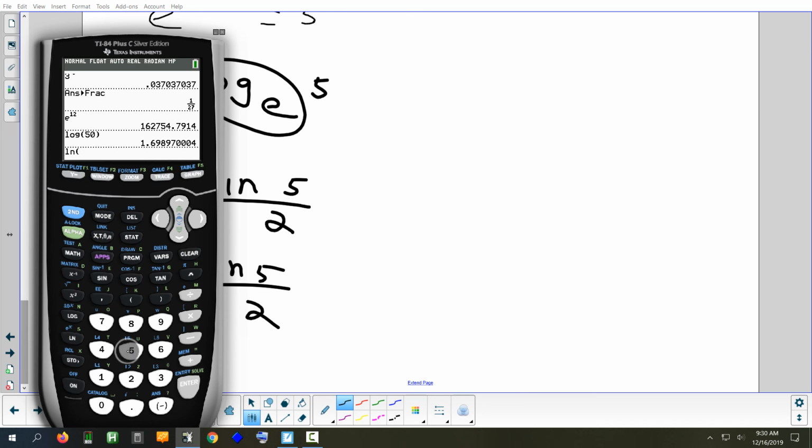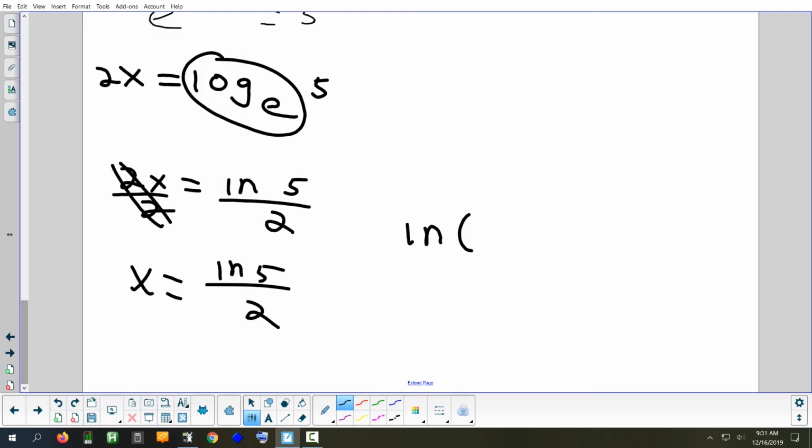So we've got ln of 5. Now, do you think it's important I close my parenthesis or it doesn't matter? Yeah. Probably close it. I should close it. If I don't close it, it's going to do this. I don't want to take the natural log of 2.5. That's not what I'm going for.